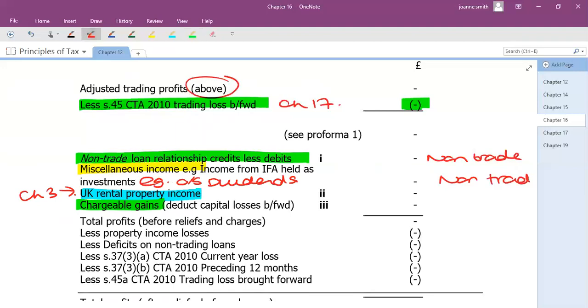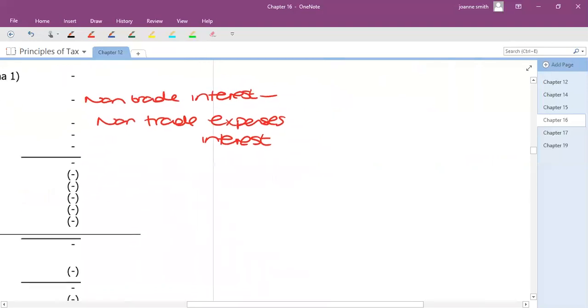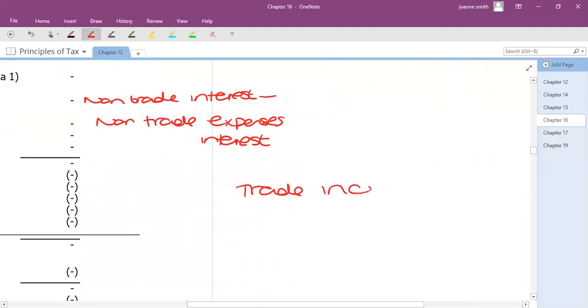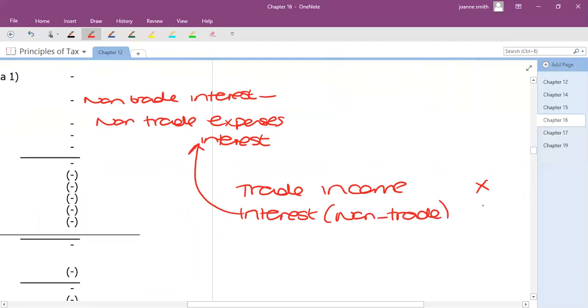So the summary that you've really got is what I've shown you a couple of times now. You've got your trade income, which is your income after your capital allowances and all your adjustments. You've got your interest calculation, which is this non-trade loan relationship, this bit up here.